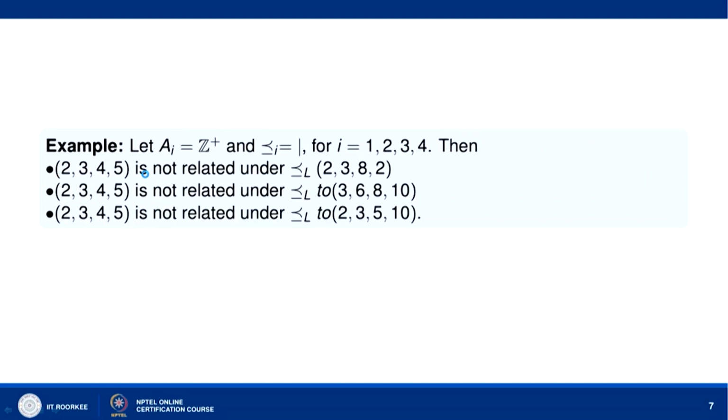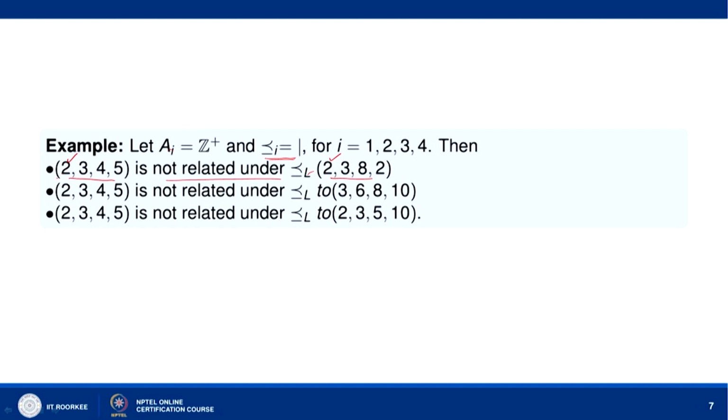Now, let us take A_i equal to Z plus, the set of positive integers, and all these A_i's are posets with divisibility, valid for i equal to 1, 2, 3, 4. Let us look at whether this is related to this under the lexicographic order. 2 is equal to 2, then 3 divides 3, 4 divides 8, but 5 does not divide 2, and therefore this is not related under this order.